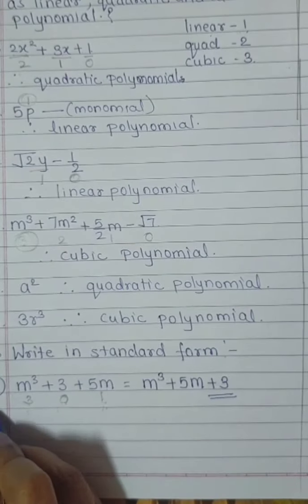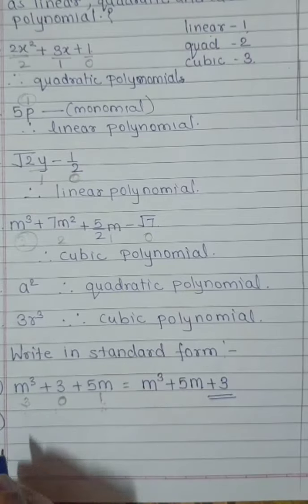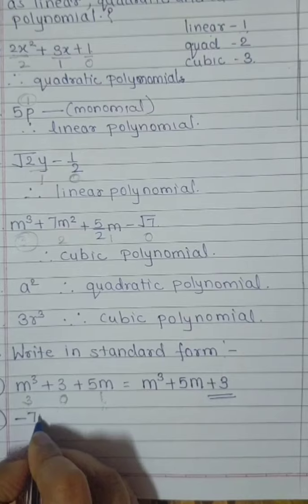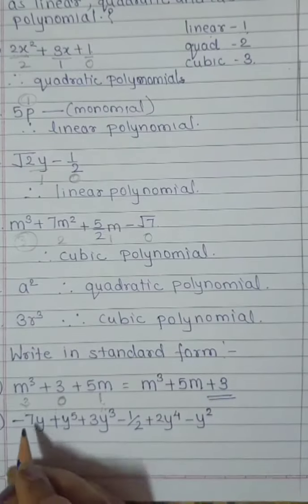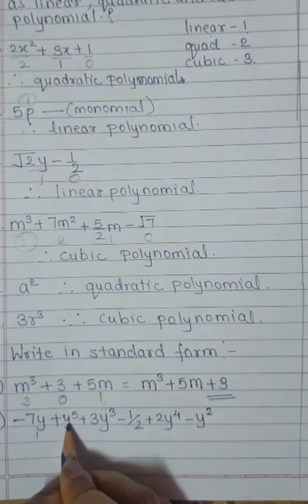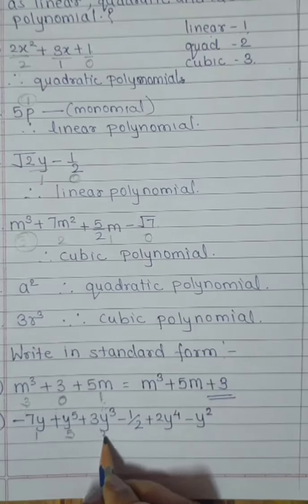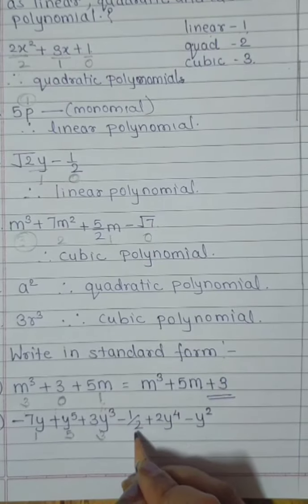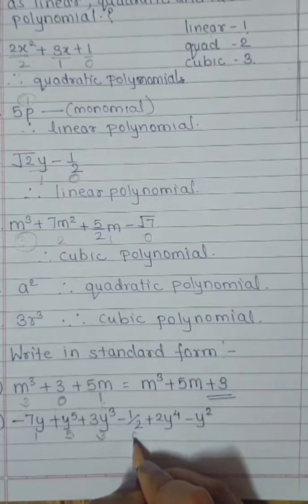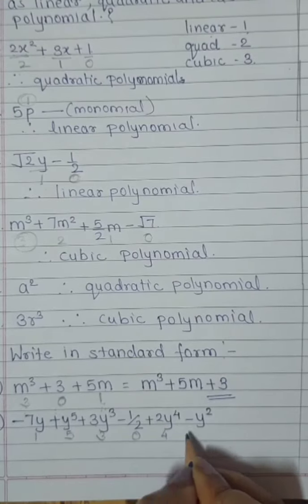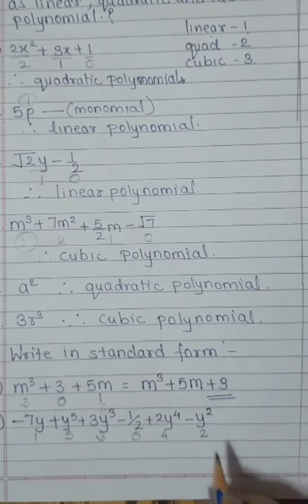Now next question, the second one, is given: minus 7y, here the degree is 1, y to the 5, here the degree is 5, 3y cube, here the degree is 3, here half we consider as 0, then again 2y to the 4, and here the power or degree is 2.